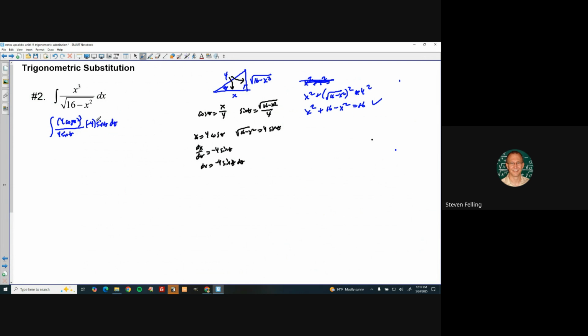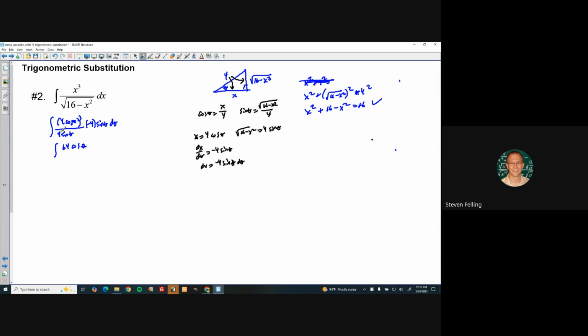Okay, so what do we got here? We've got 4 times 4 is 16 times 4 is 64. 64 cosine cubed of theta. This 4 and this 4 will cancel, and that sine cancels, just leaving a negative 1. So, let me go back here. 64 cosine theta.